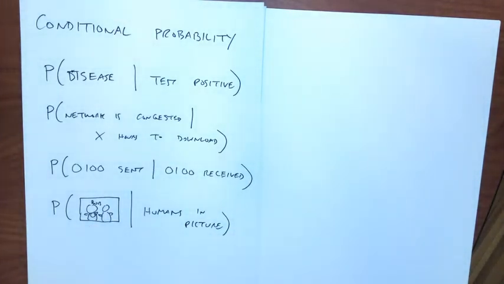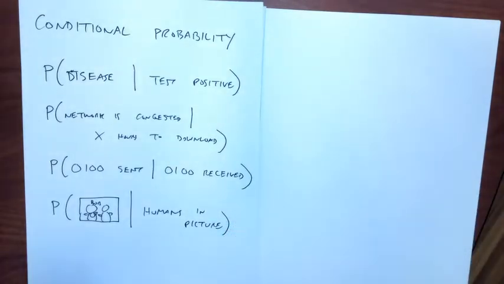So usually we have some sort of side information. We want to know how the thing that we care about is related to the thing that we observe, okay?